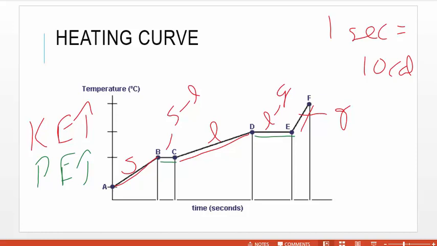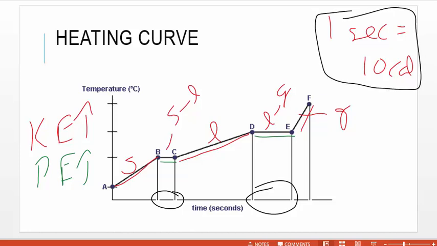One other thing to note. If you look at this, you can see that B to C and D to E, these phase changes, have different times. So let's go back up to this one. Every 1 second is adding 10 calories of energy to this substance.